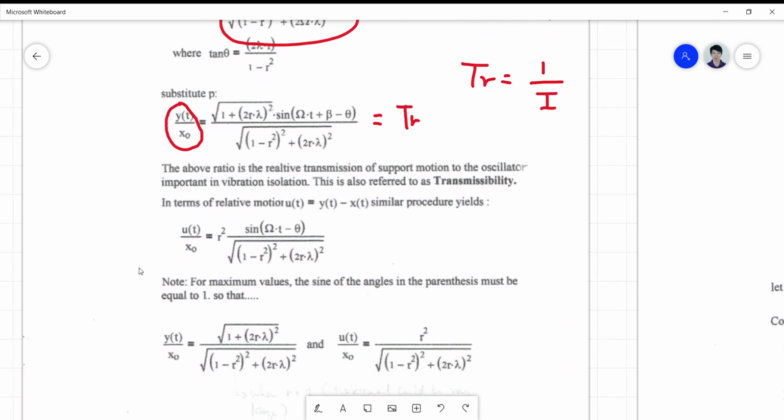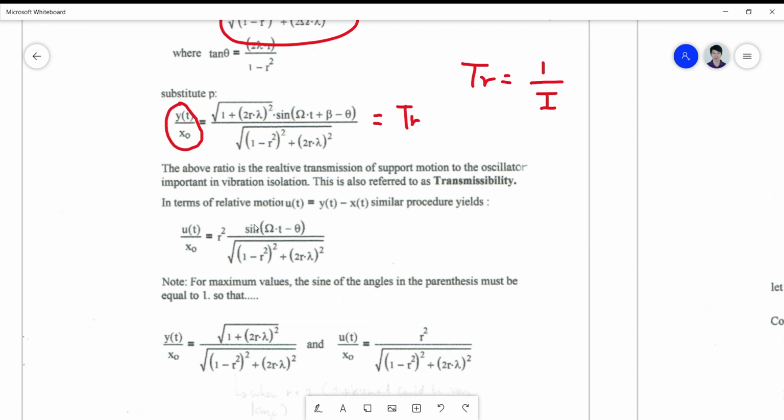Note that if we want to get a maximum value, the value in this parenthesis using sine must have angles that will represent values equal to 1. The situation is that your omega cannot be changed, but theta, the phase angle here, can be changed such that this part becomes a maximum.